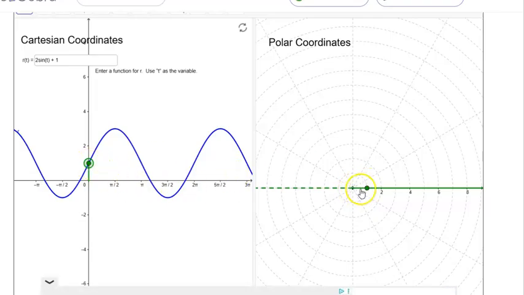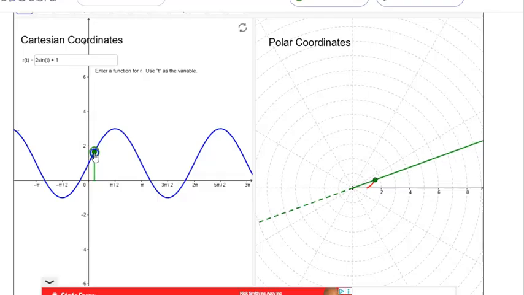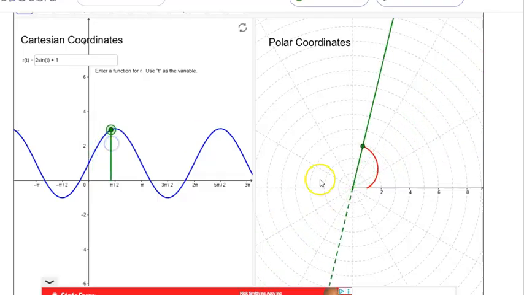Is it getting closer to the origin or getting away from the origin? All right, ready? Clearly the distance is getting farther and farther away, so it's increasing.